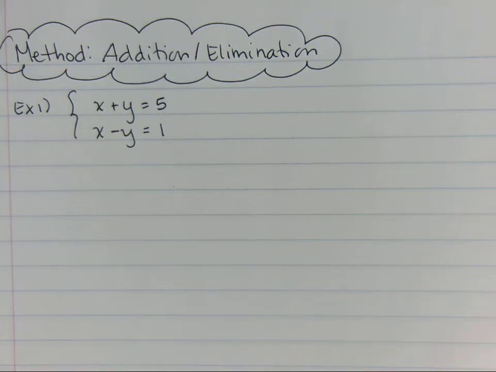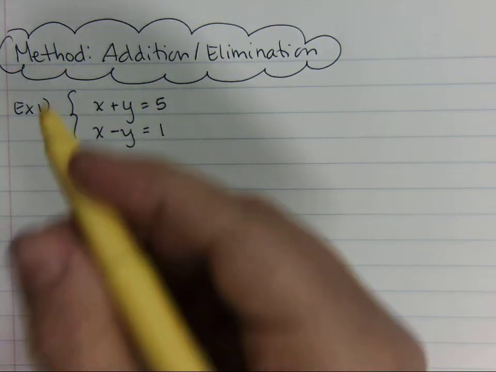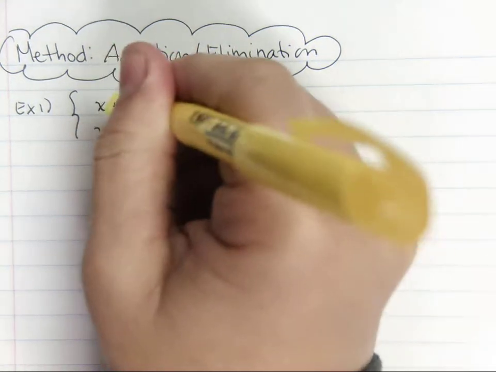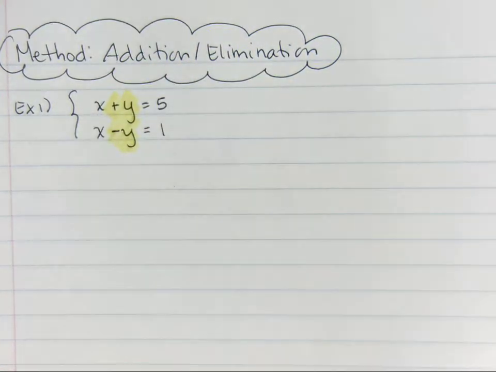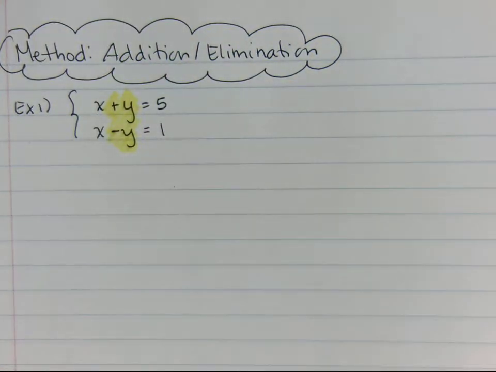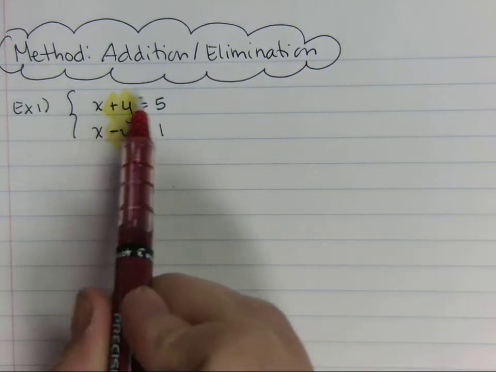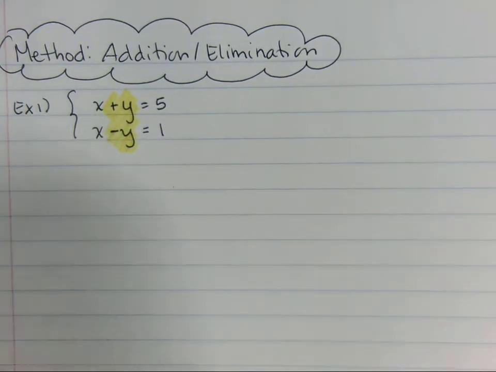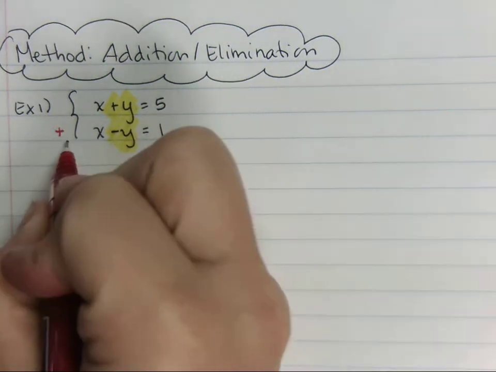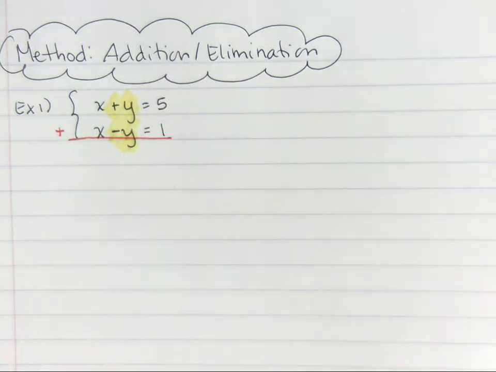So first look to see if you can find one of the variables which are exact opposites. In this case, y is the exact opposite. If that occurs, you don't need to do any kind of changing or modifications of these equations. You're simply going to do the technique of adding to eliminate.